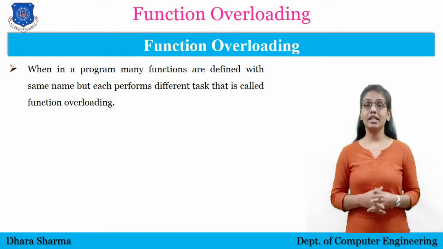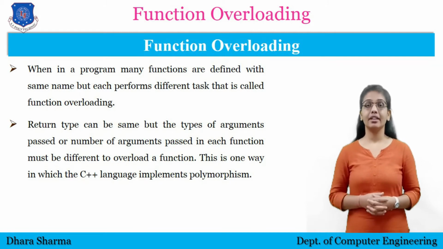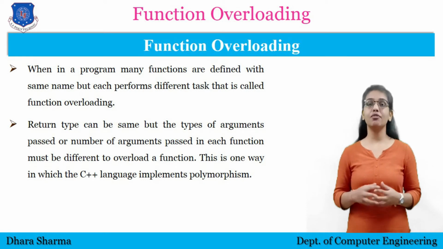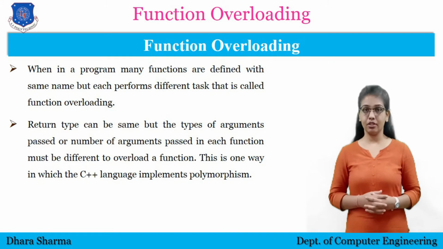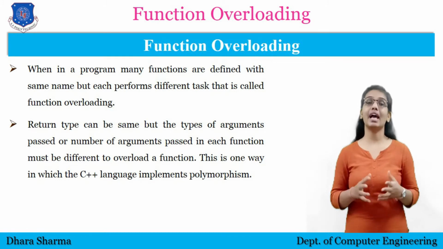The compiler will distinguish those functions with the help of parameters. So function name should be same, but arguments should be different. There can be a difference in the number of arguments, or a difference in the type of arguments. We will understand the concept of function overloading with the help of an example.